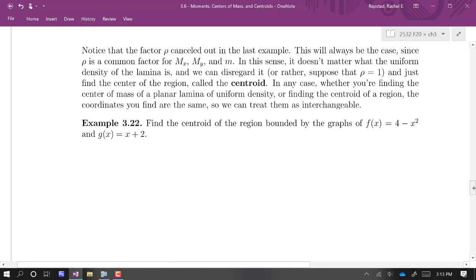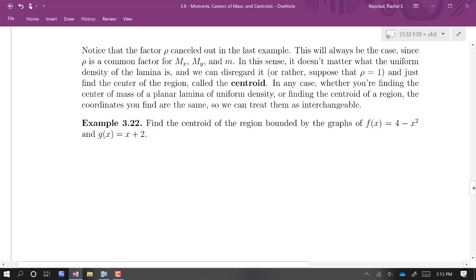All right. So, as I mentioned before, when you find the center of mass, the factor of rho always cancels when you compute M_x over m or M_y over m.